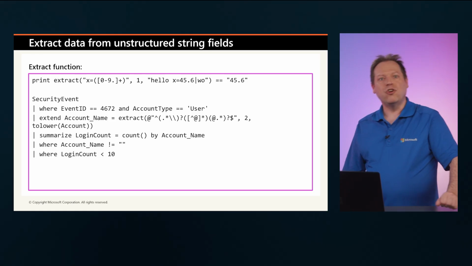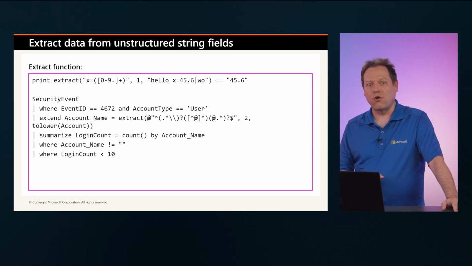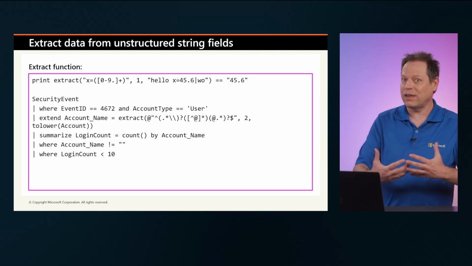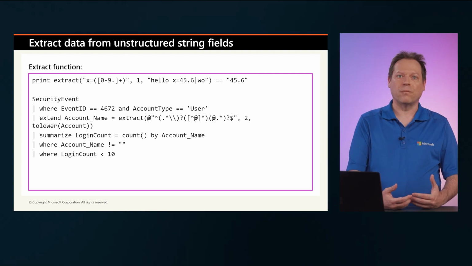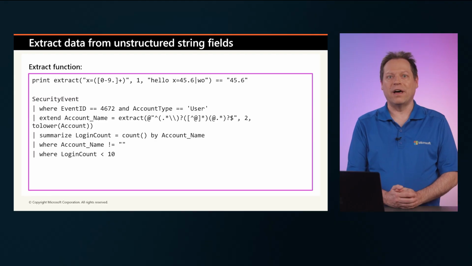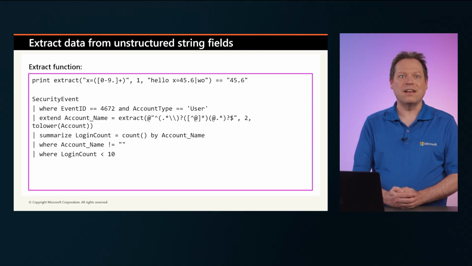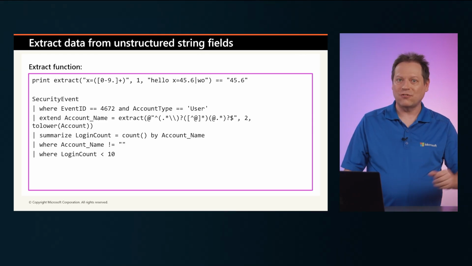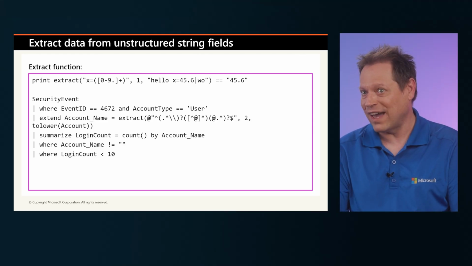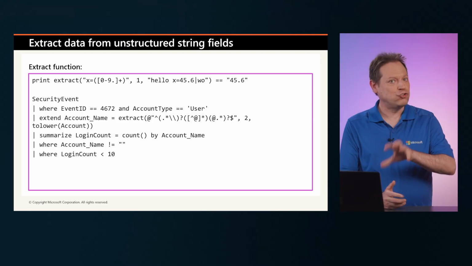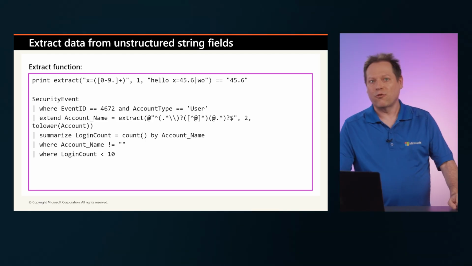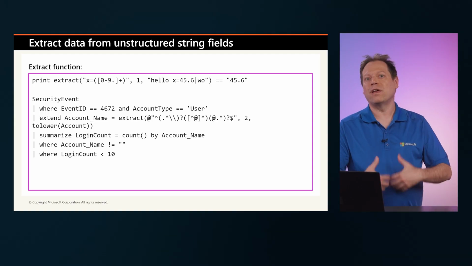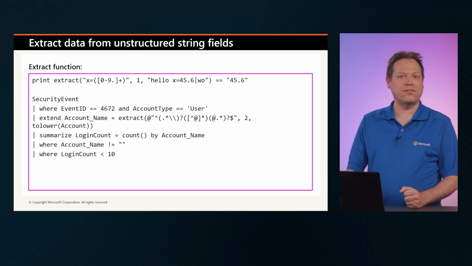For example, you might query SecurityEvent for a privileged activity event like event ID 4672 and focus on records where account type equals user. From there, you can create a normalized account field by extending a new column such as AccountName and using the extract function with a regex designed to pull just the username portion from different account formats, converting the input to lowercase for consistency.